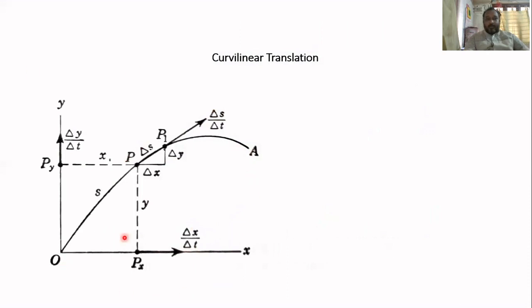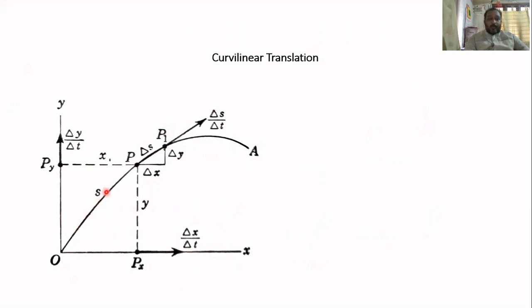Consider a particle moving along this path OA. At a particular instant of time t, the particle is at point P, and at time t plus delta t, the particle is at point P1.